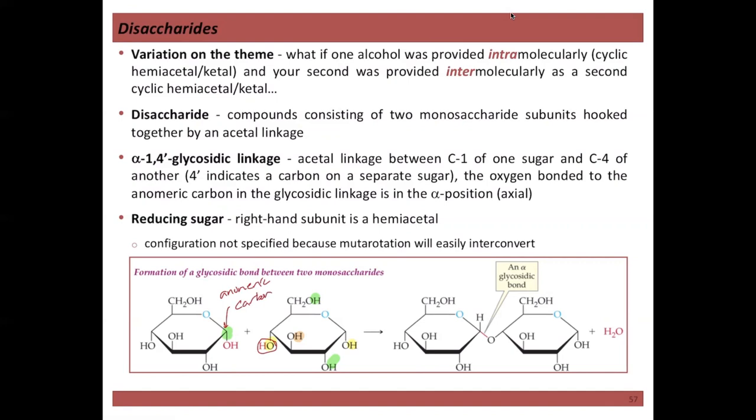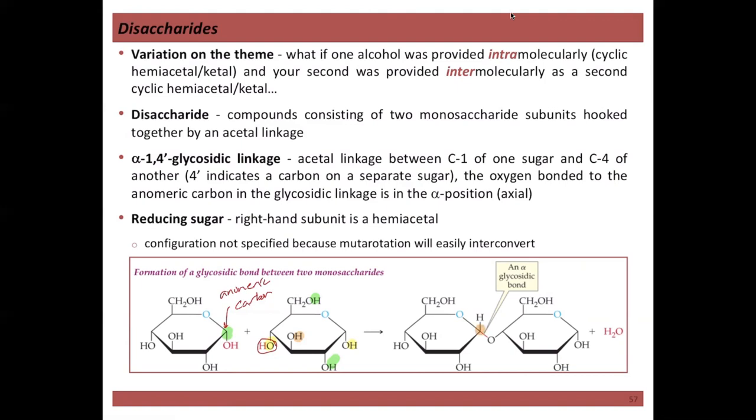Now we need to talk a little bit more vocabulary, and that is how we classify these glycosidic bonds. We classify them based on the orientation at that anomeric carbon.